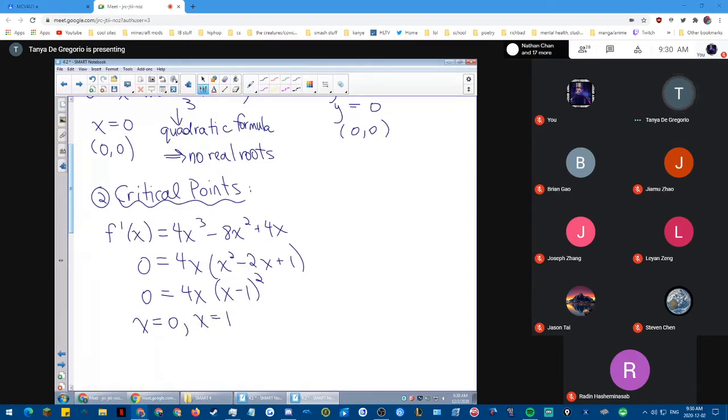So now I'm going to find out the y value. Well, I already know f at 0. It's 0. F at 1. What do you get? 3 minus 8 over 3, so 9 over 3 minus 8 over 3.